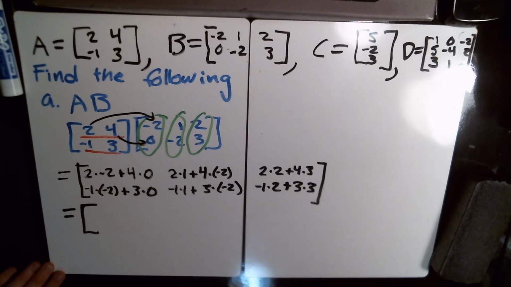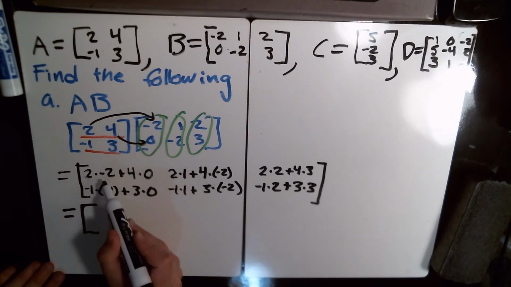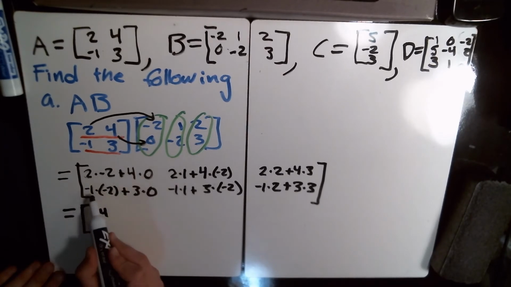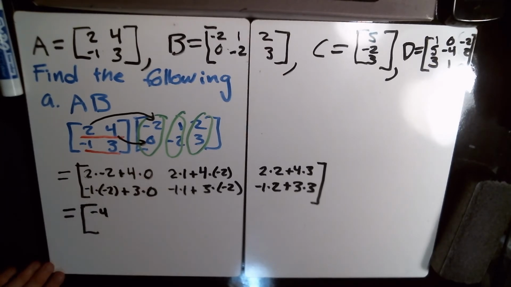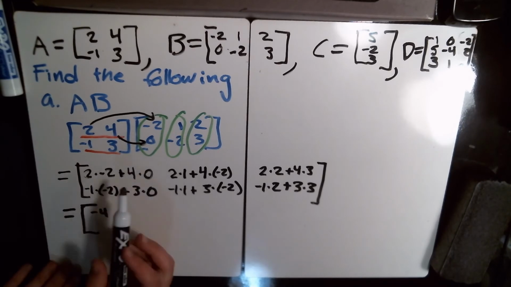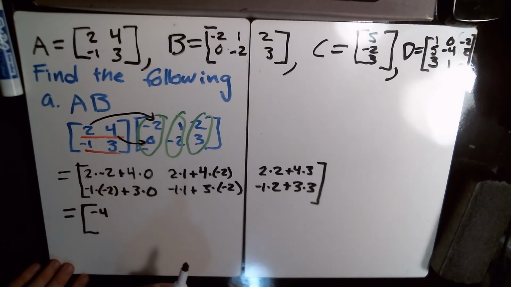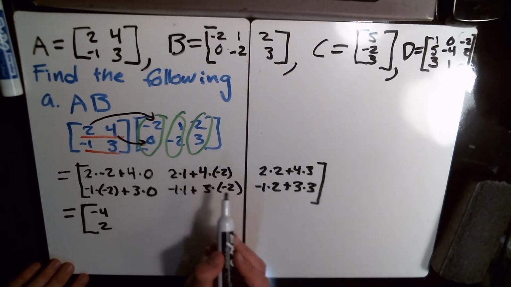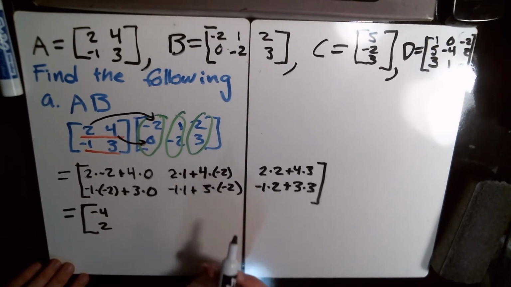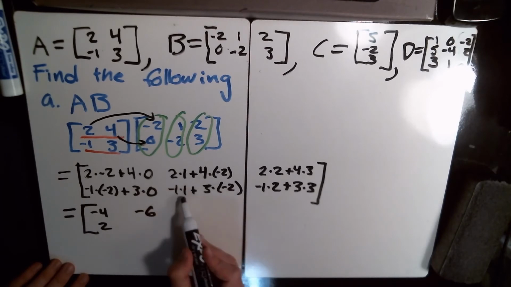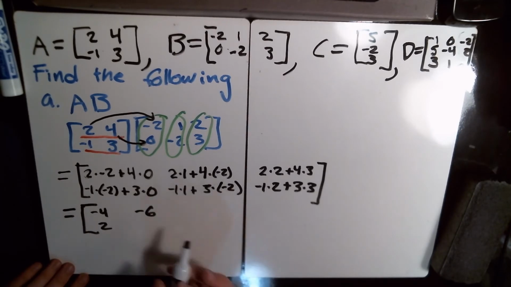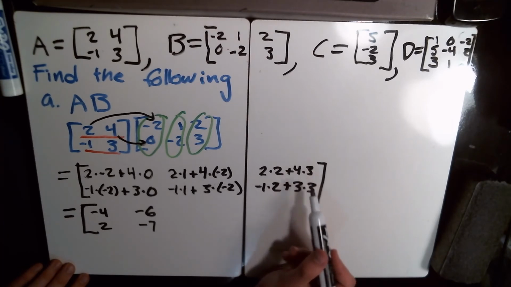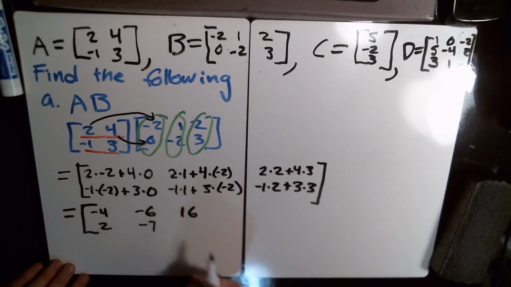So let's see, negative 2 times 2 is negative 4, and then 0 and 4 is 0, so that doesn't do anything. This is 2 plus 0, 2, and negative 8 is negative 6, negative 1 and negative 6 is negative 7, 4 and 12 is 16.